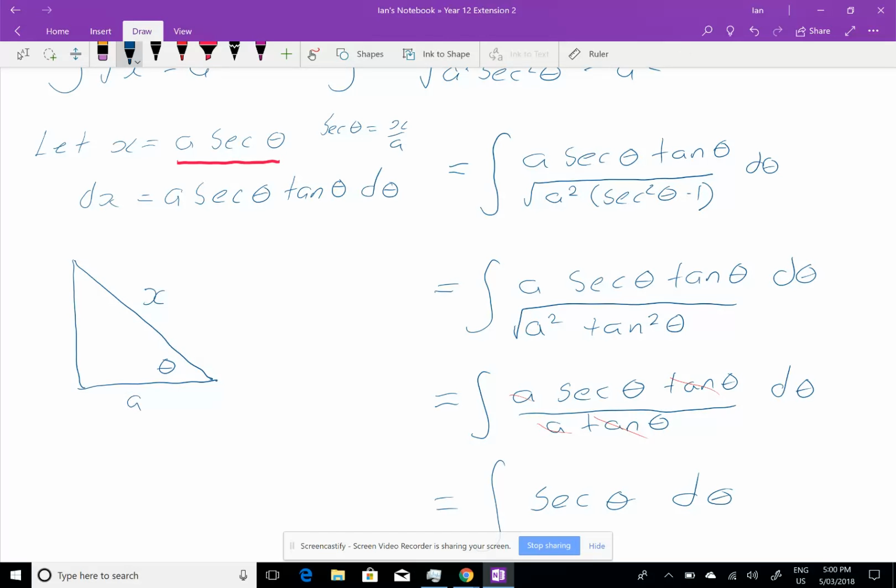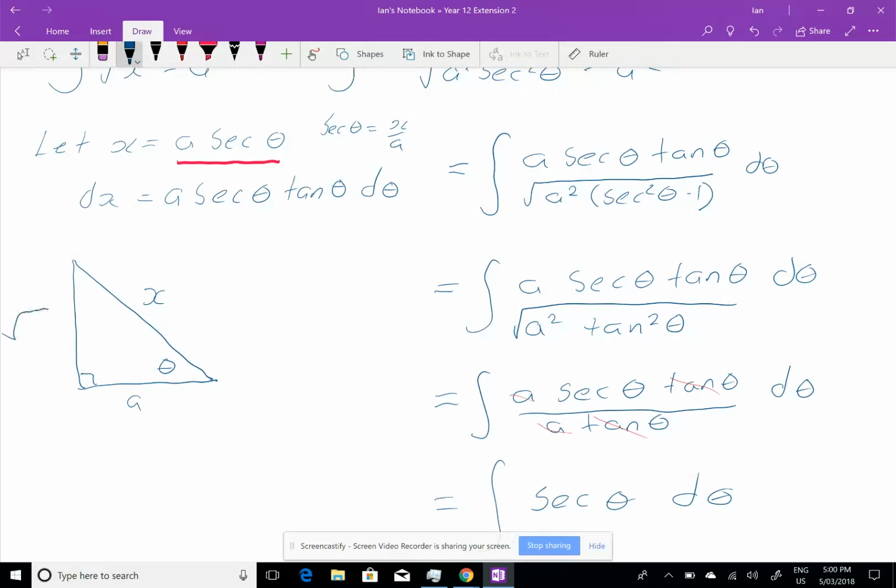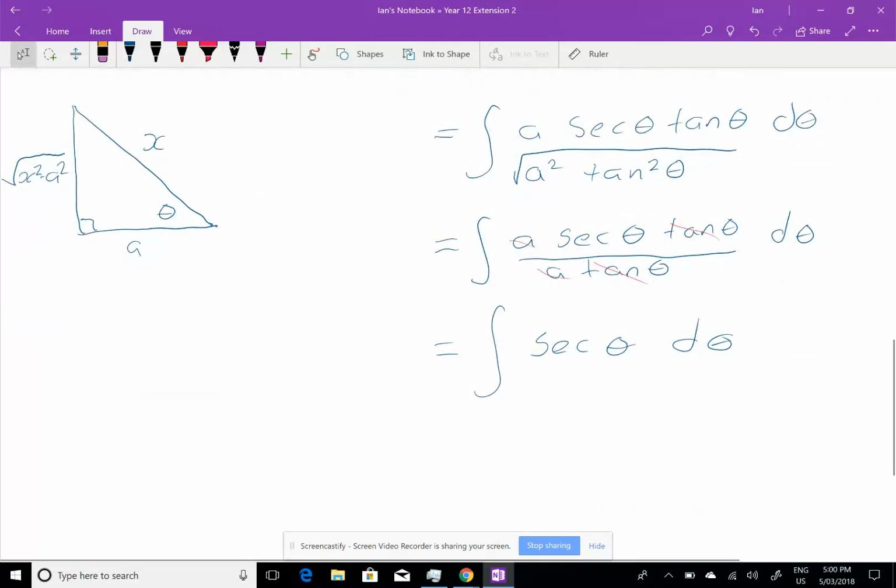Here's my right-angled triangle, and I do my Pythagoras and I get root x squared minus a squared there. So I'm away now, because tan theta is going to equal root x squared minus a squared over a, to get it back.